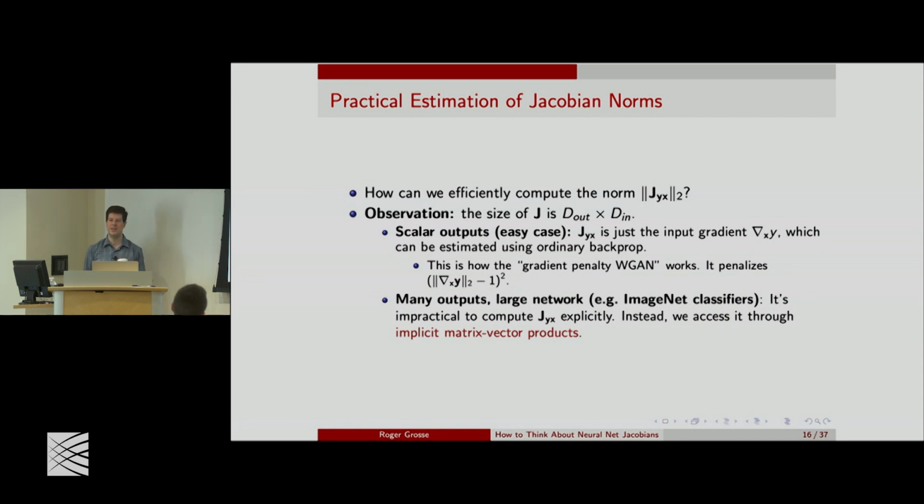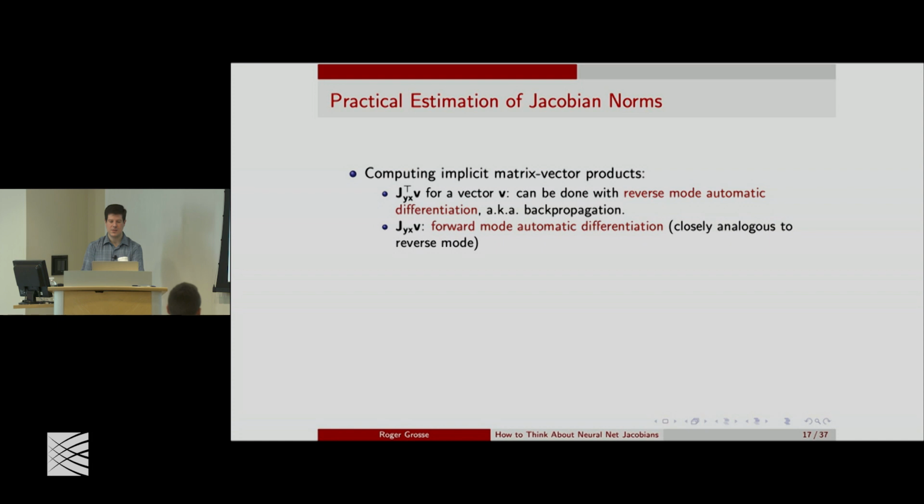This is a really cool idea if you haven't seen it before. We don't want to construct the matrix explicitly, but we write our algorithm in terms of the matrix times a vector or the matrix transpose times a vector.